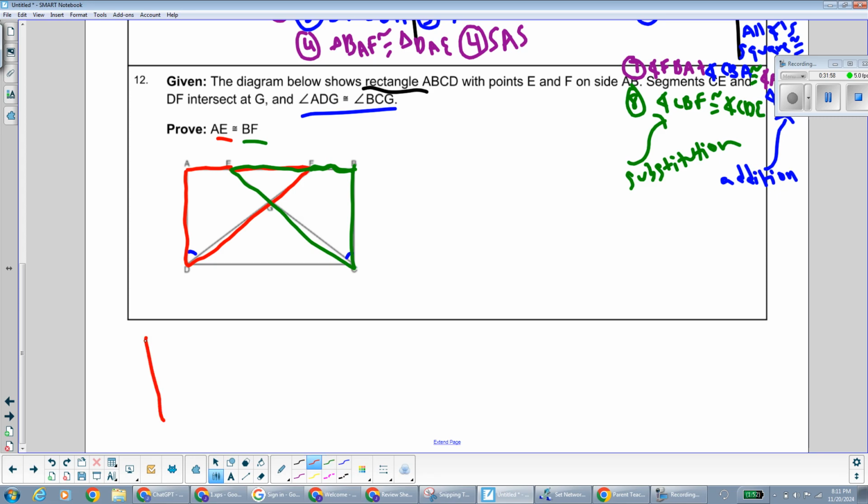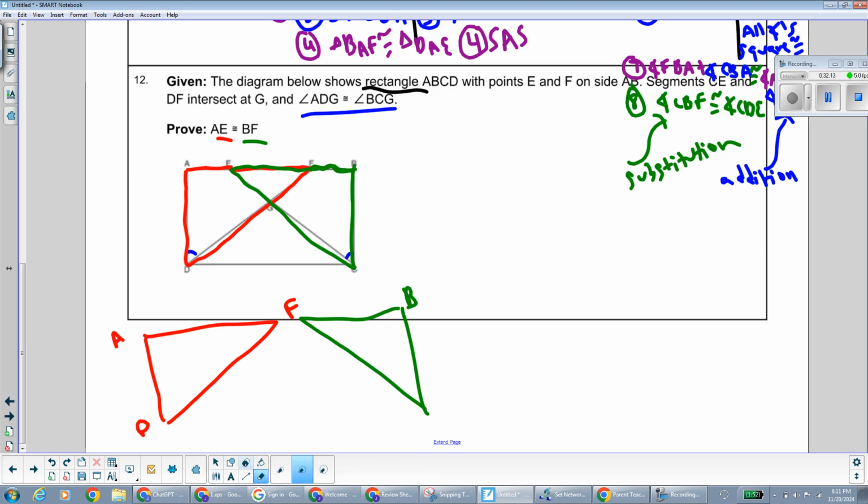I'm going to draw these two triangles separately as well. And I'm going to think about what I know about rectangles that's in these triangles. And I know that rectangles have right angles.